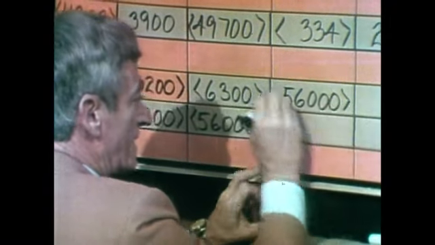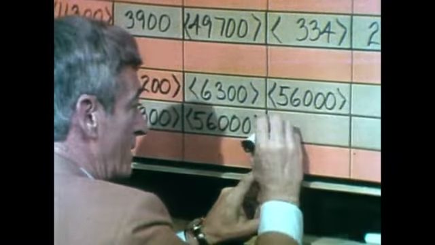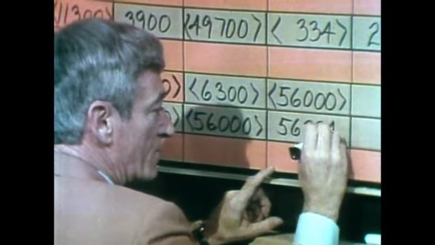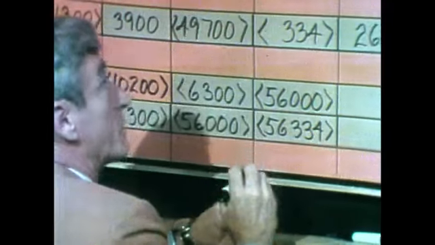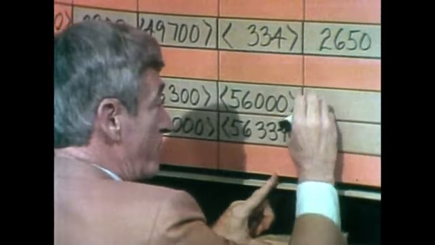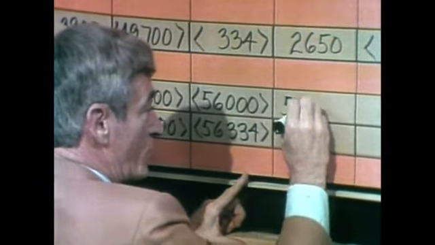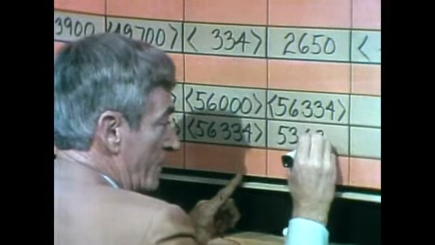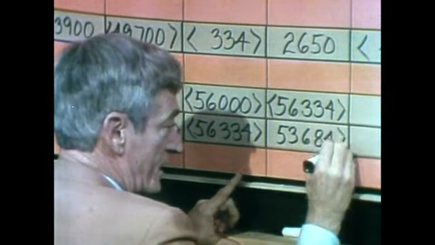Let's see, month number 4, we end up with $56,334, but that's an overdraft too. You're going to start month number 5 with $56,334 overdraft. The next month, $53,684 ending balance. That's an overdraft too. Oh, but that's not as bad.